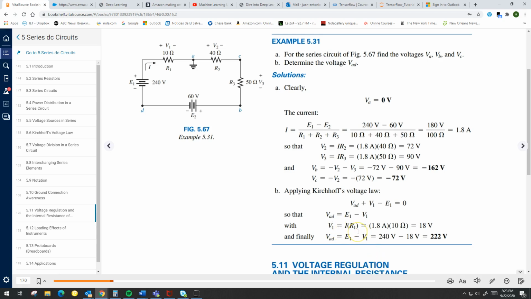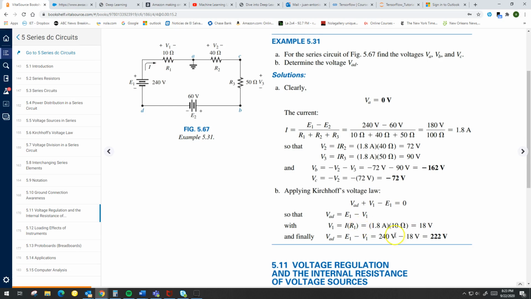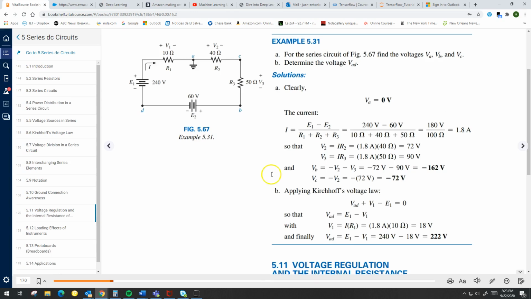But in essence, VAD, because now you're going from A to D, will be the difference between this voltage source and this voltage drop right here. Knowing what V1 is, you just subtract the two voltages and you get 222 volts.